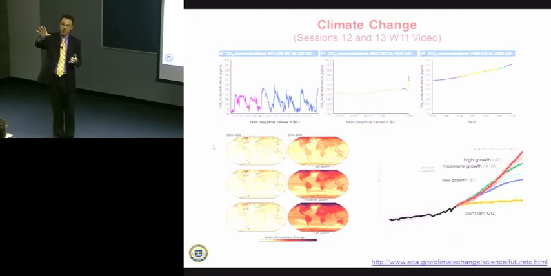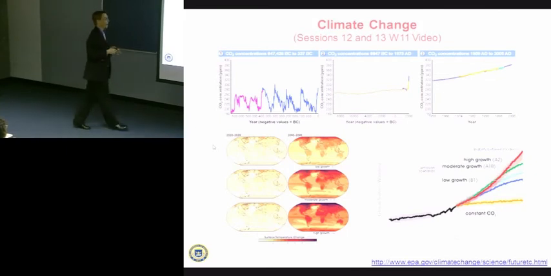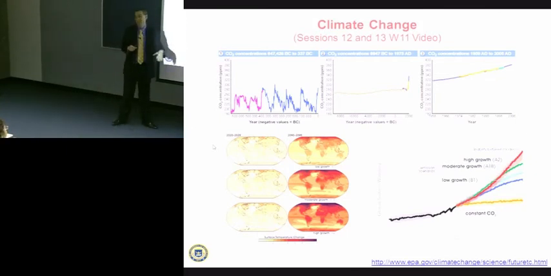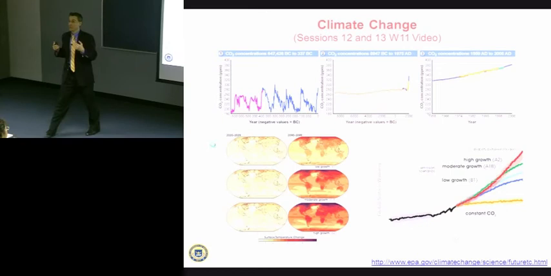And we kind of let things go business as usual, or maybe not. Maybe we need two Earths, right? So we're going to do one over here, and it's going to be business as usual. And here we're going to take some action. We're going to compare the two, right? You just can't do that, obviously. So there's going to be uncertainty about how fast and what the impacts are going to be.